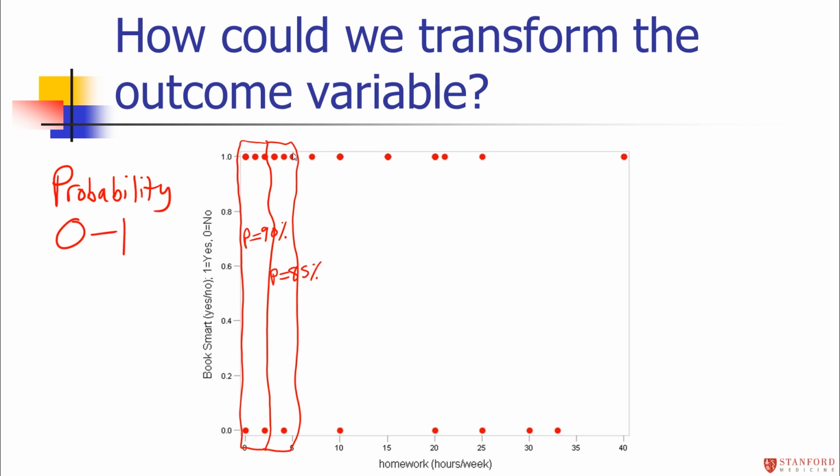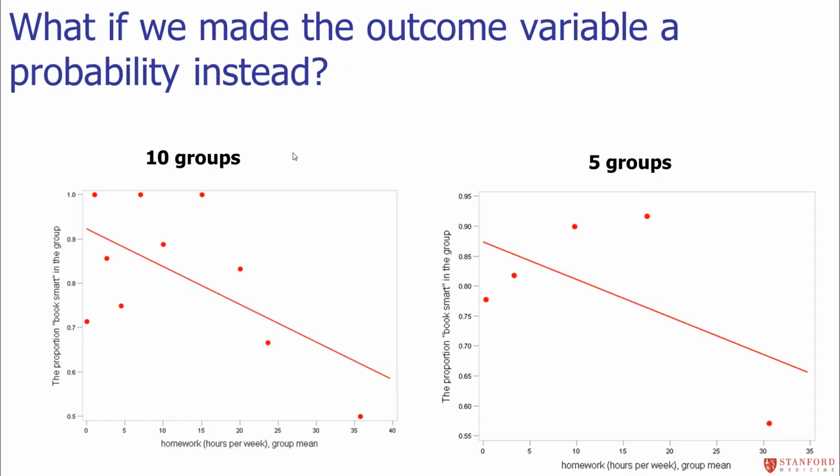So if I could get that probability, now I can make a graphic where my predictor variable is the number of hours of homework per week, the continuous variable, and my outcome variable is a probability, a number that ranges between 0 and 1. I'm going to talk about the graphic on the left side, these 10 groups.